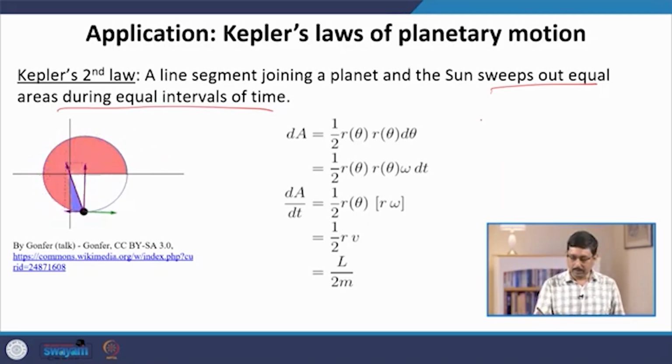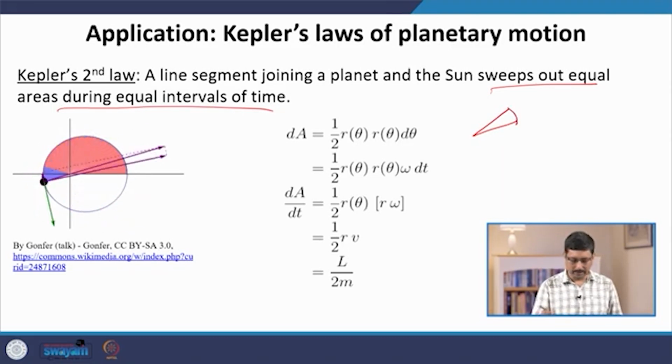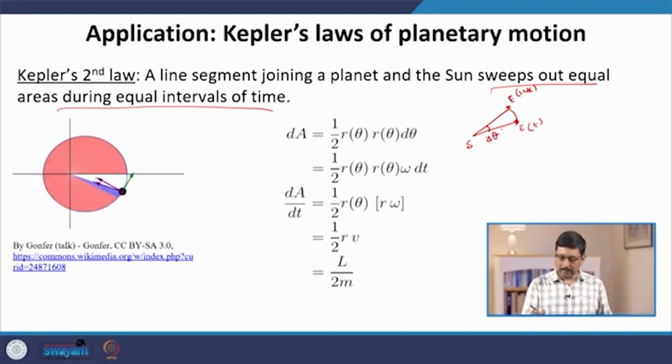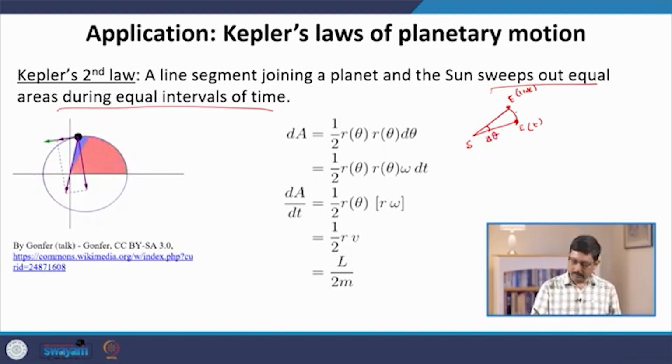Let us draw some particular instant. This is our sun, this is the earth's position at t, and this is the earth's position at t plus delta t, and this angle is delta theta. Then the arc length is r times delta theta.